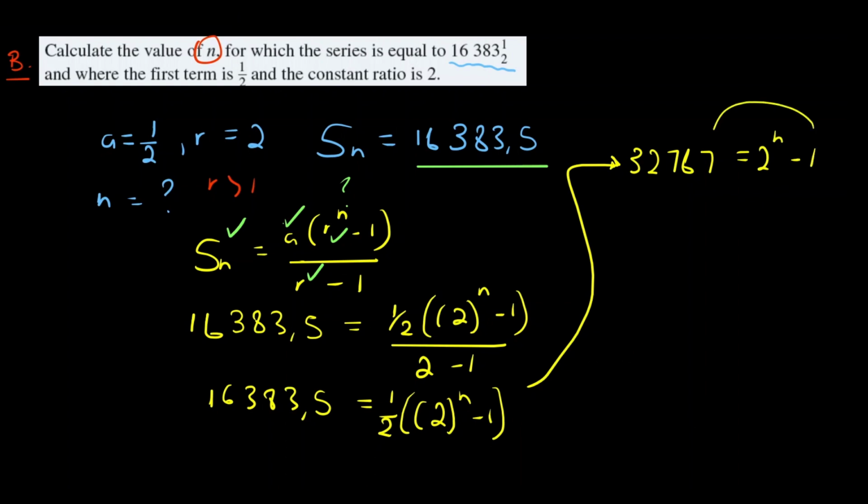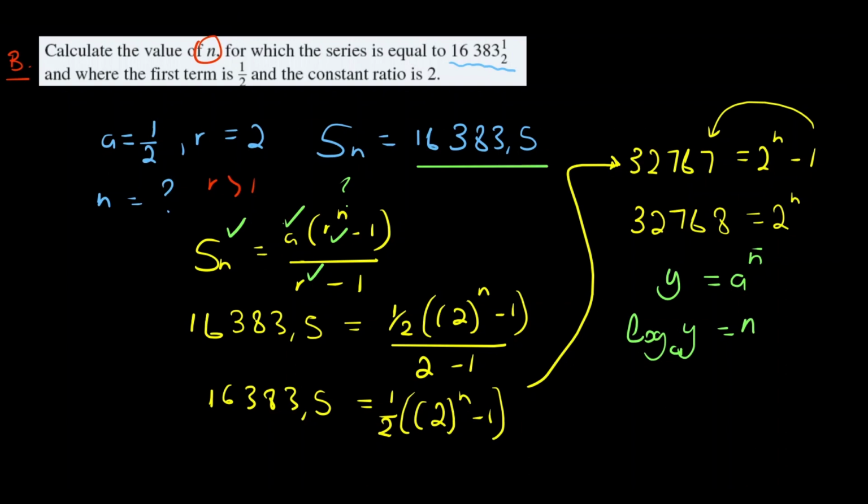We can take the 1 to the other side of the equation. We add 1 to 32,767, for which we have 32,768, which will be equal to 2 to the power of n. And then we'll use logs, because we know that when we're given an exponential equation, for example a to the power of n, and we're looking for the exponent n, we apply logs and say the log base a of y is equal to the exponent n.